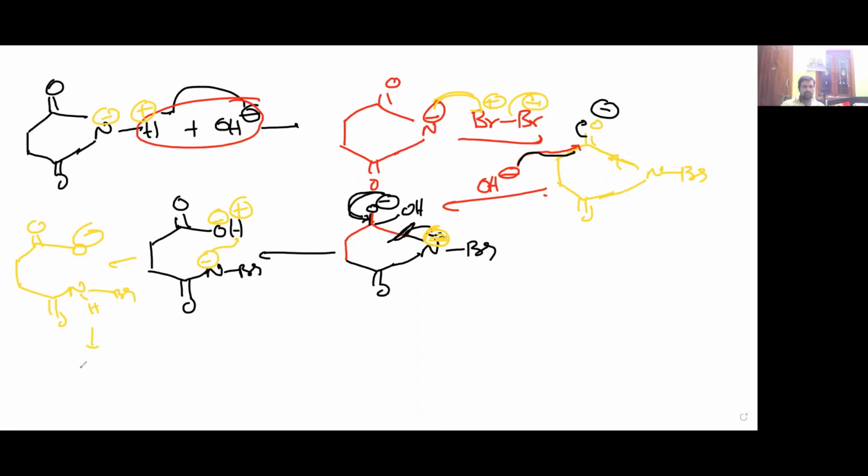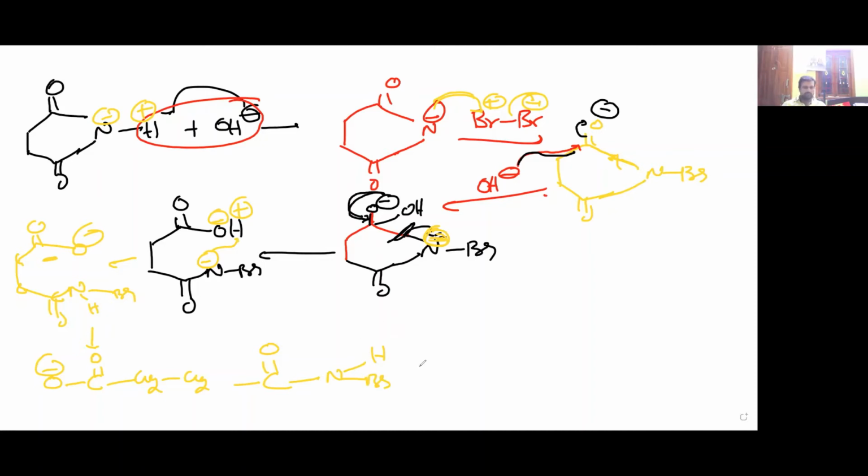For my convenience, I will write it like this: C double bond O minus, CH2, CH2, C, CH2, CH2, C double bond O, NHBr.